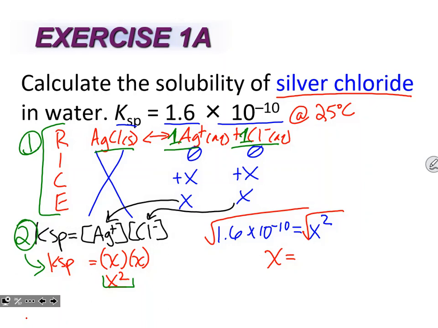So what is our molar solubility of silver chloride at 25 degrees Celsius? Who has that? It's a very small number, because the Ksp is really a small number. So square root that. What do we get? Yes, 1.3 times 10 to the minus 5 molar.